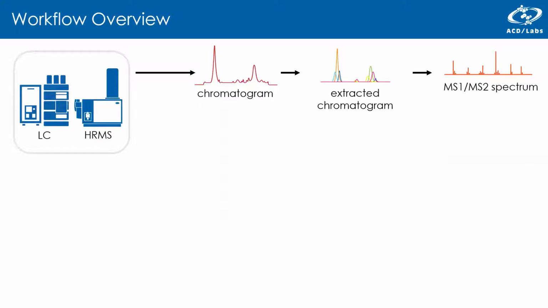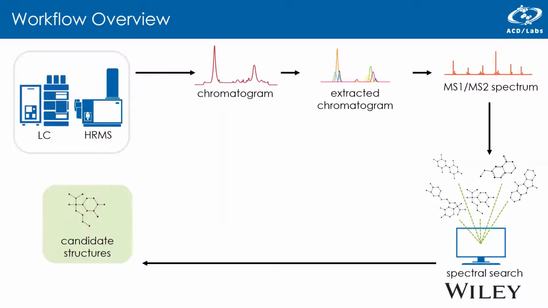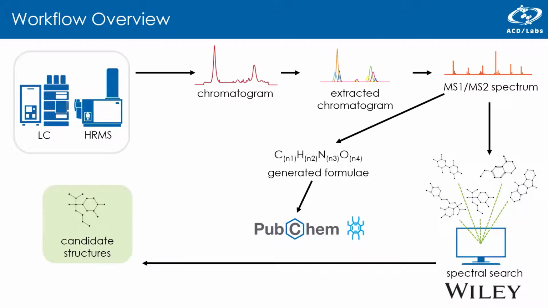Then we can do a spectral search against either a user-created database or a commercially available library such as Wiley-NIST, and identify the candidate structures. For the remaining unknowns, we can start generating formulas, then do a mass search against libraries such as PubChem and ChemSpider, and identify the remaining candidate structures.